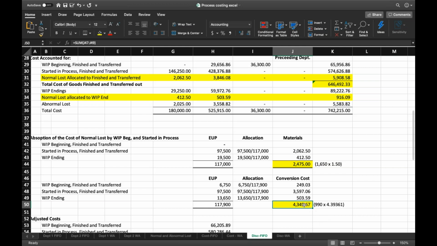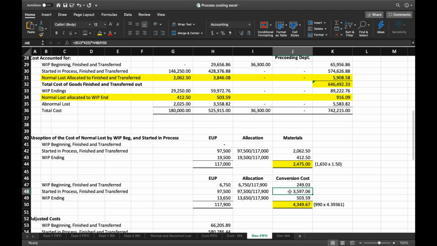This is the conversion cost of the normal loss, and this will be allocated to the three. So how did we get 249? Just compute 4,349 times 6,750 over 117,900 equals 249.